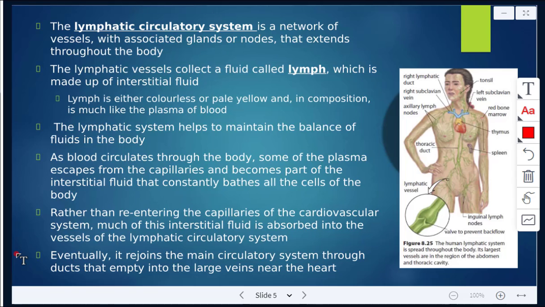Eventually, it rejoins the main circulatory system through ducts that empty into the large veins near the heart. Notice here, lymphatic vessels also contain valves, just like veins do, to prevent backflow of the fluid.